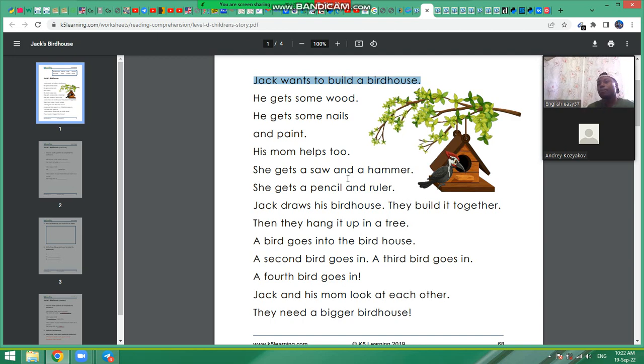So the action has already started, and it looks like a continuous action. But in the other case, we just say it in general.